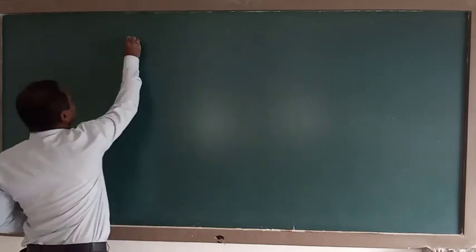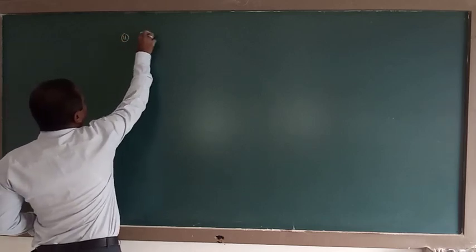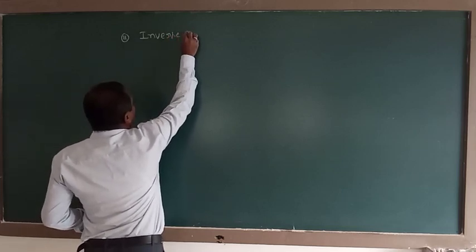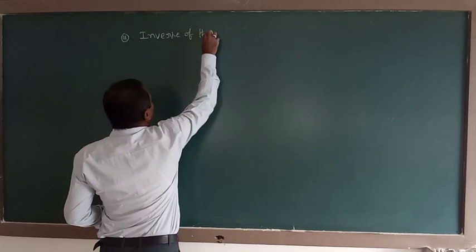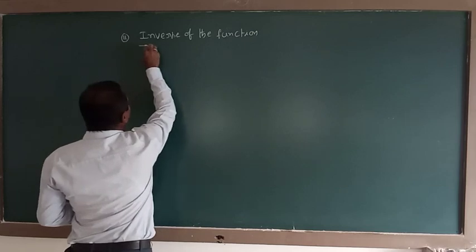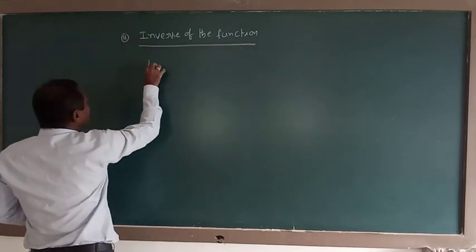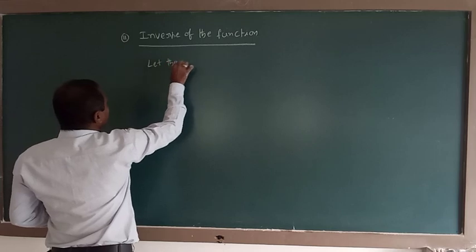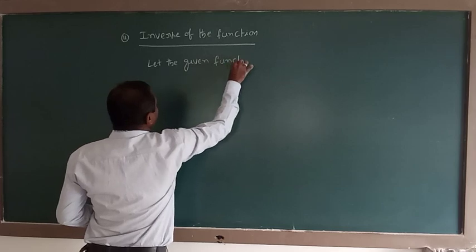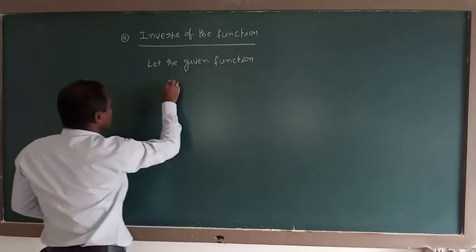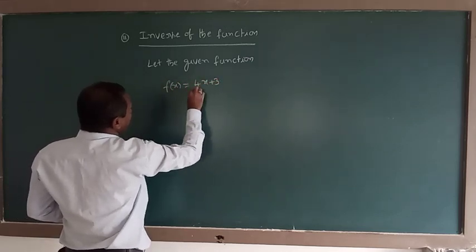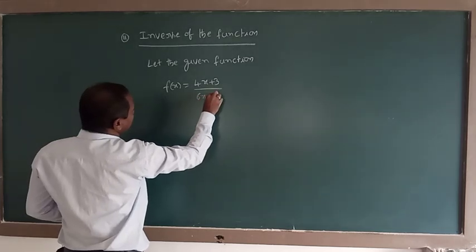Let the given function f of x equal to 4x plus 3 whole divided by 6x minus 4.